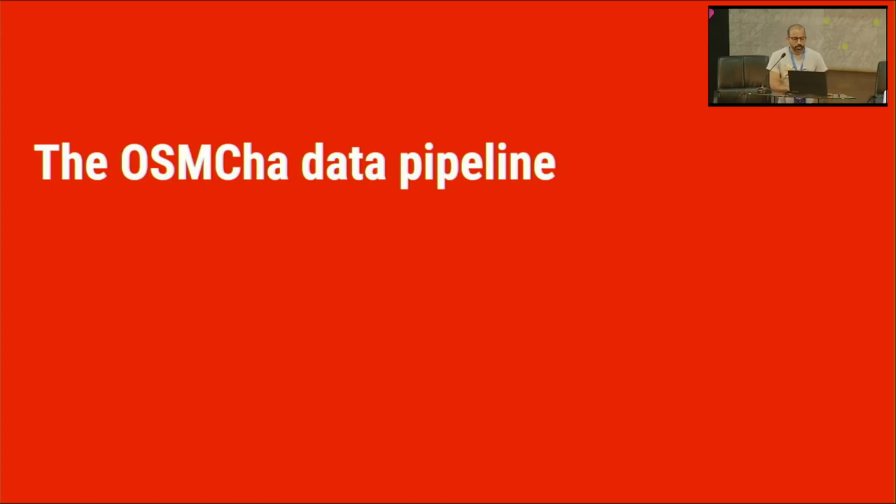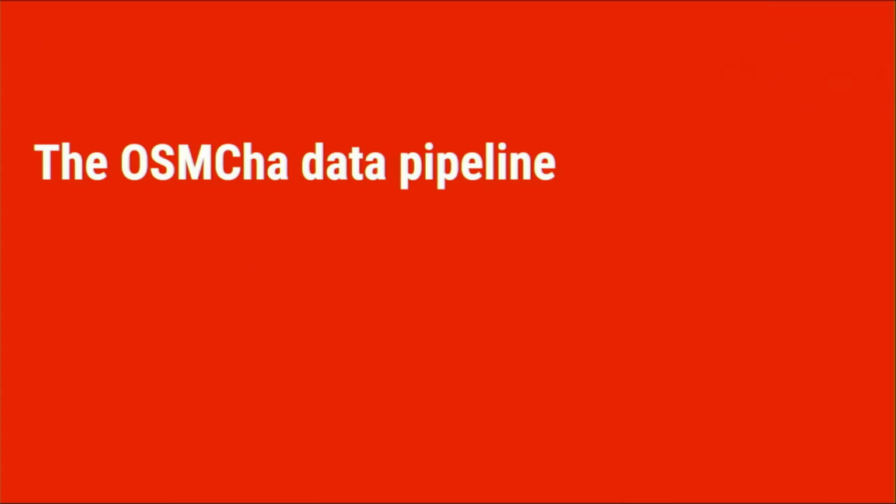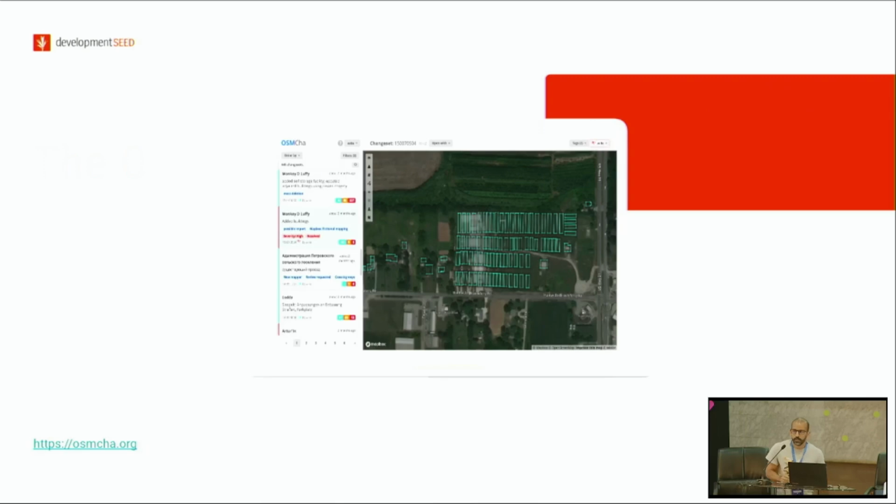The other part of my talk is about something that we have built in the OSMCha data pipeline. For those who don't know, OSMCha is one of the main validation tools for OpenStreetMap. I started that project 9 years ago, and it has been used by the community and by many organizations as well.